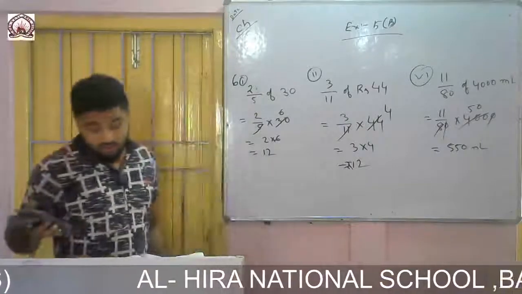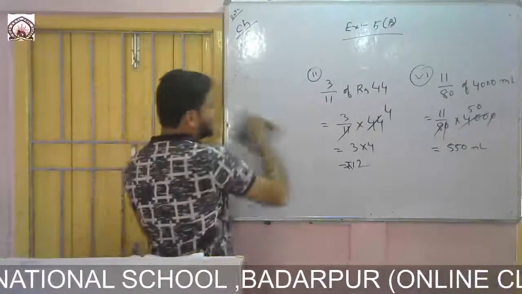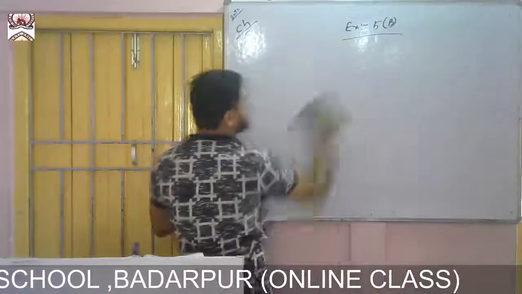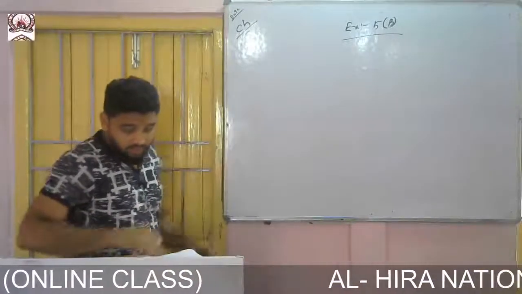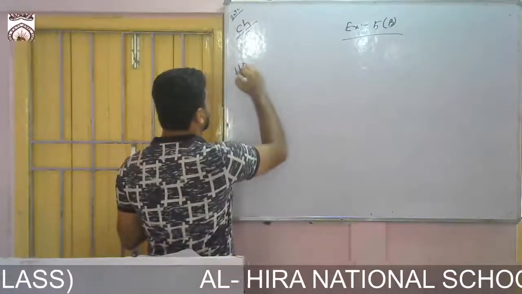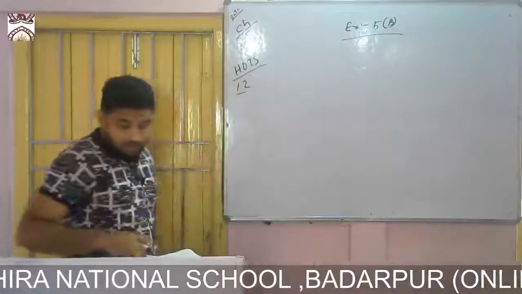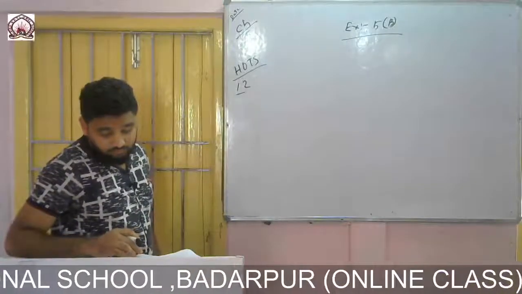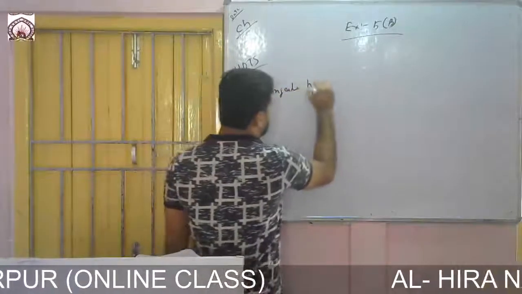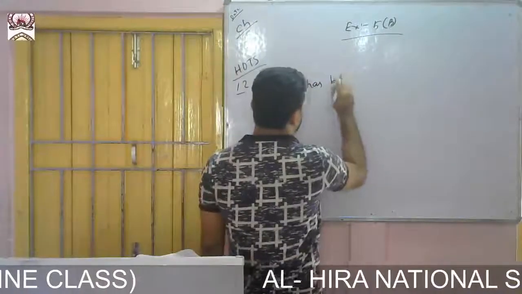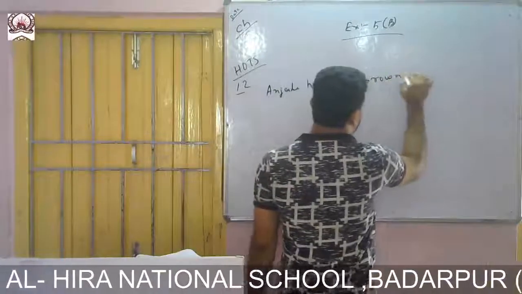So write. Anjali has 3 by 5 of brown sugar.